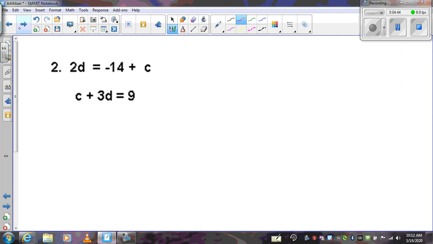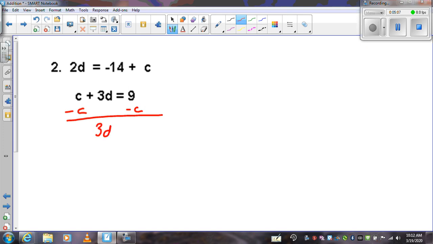Okay, let's try again. I'm looking at this one, and it is not lined up. So we're going to have to decide how we want to get them lined up. Well, I'm looking at this thinking, I think I'm going to minus the c. Now, I do want to tell you there's lots of options here. You could have done a ton of things here.